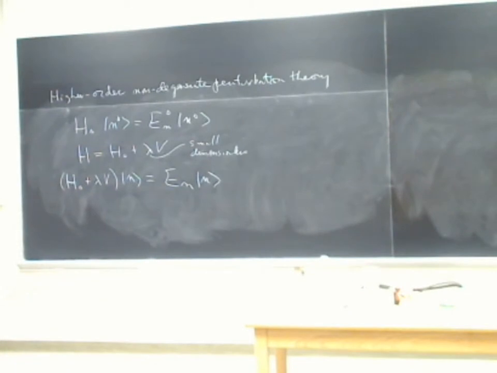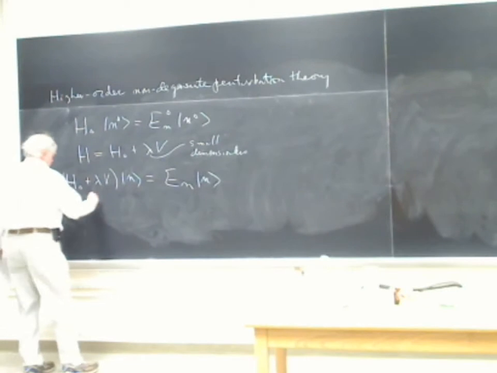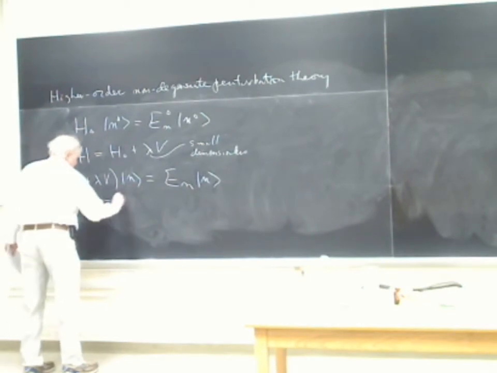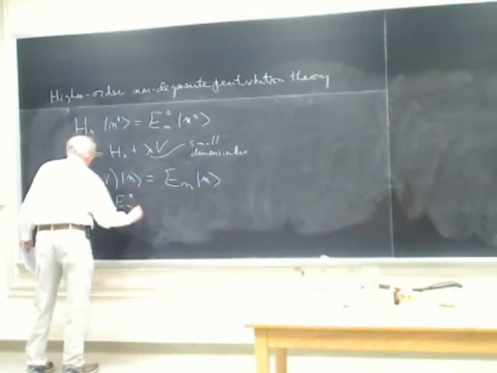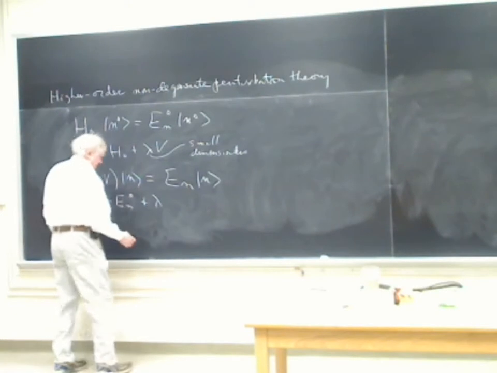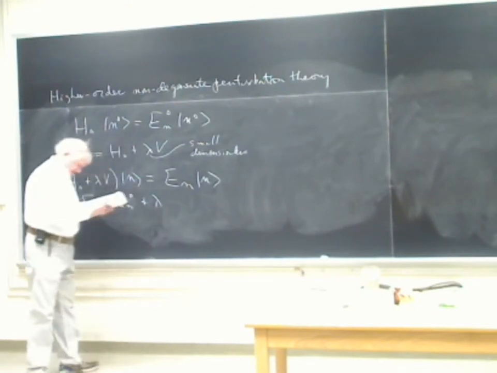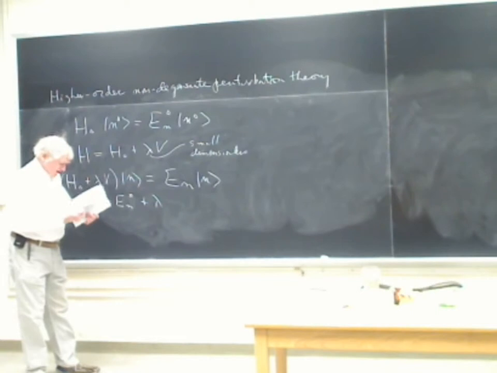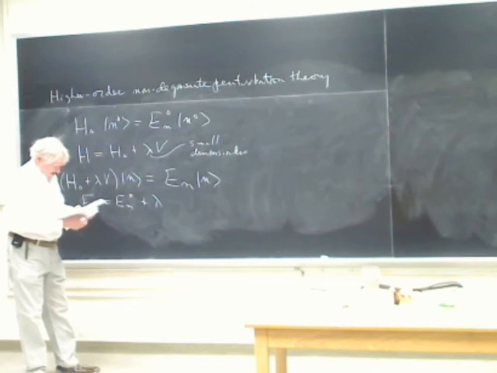And we want to find these En as En0 plus lambda. There's a notation here that I'll be getting to later in the lecture, but I might as well say what it is at this stage.